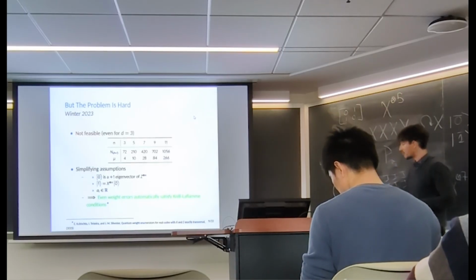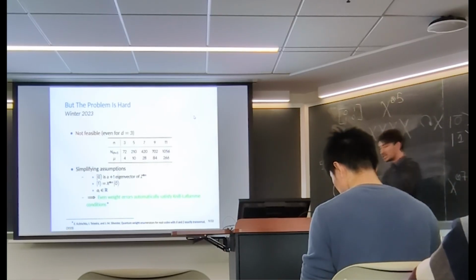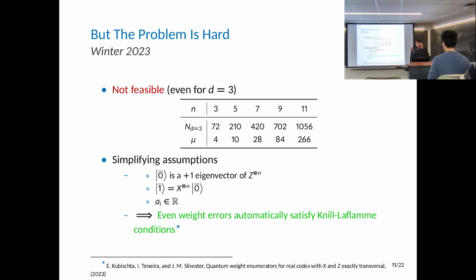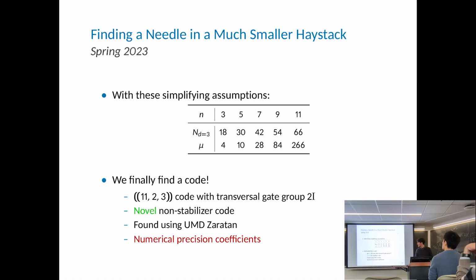But once you start having weight 2 errors, then things get nasty, because you can say have X on a qubit, and then there's all these ways of choosing 2. And so it just grows much faster. So to take all of the weight 2 errors and immediately have them satisfied just based on some pretty innocuous seeming assumptions felt pretty encouraging. And it could be a little better, but it's still a pretty big haystack.